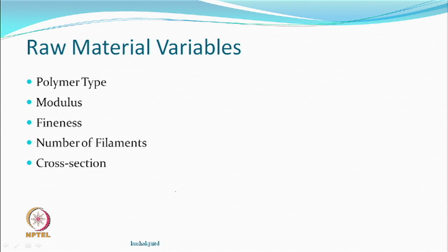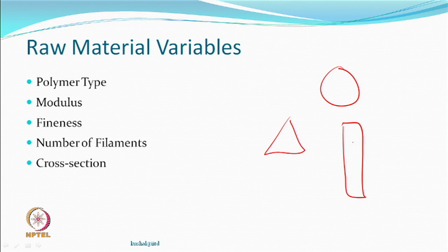Then the cross section. If the cross section is circular, triangular or rectangular, it will definitely have different bending rigidities, even if the linear density is the same. So, we can expect different results if the cross section is changed, because we only have air, or compressed air within a jet, which has to create turbulence, and whatever happens within that turbulence is going to affect the result.